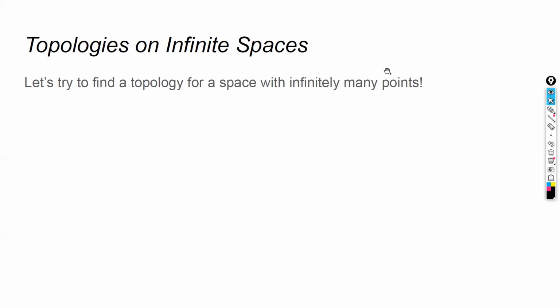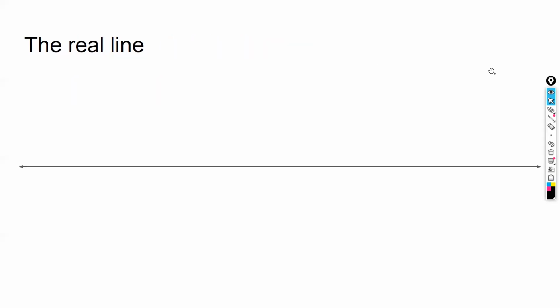So I think the most illustrative way to do this is maybe through an example. Let's take a look at a pretty basic infinite set, the real line. The real line consists of all of the points that are going to be real numbers.